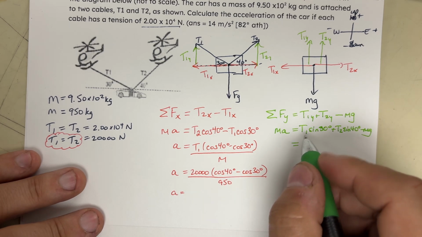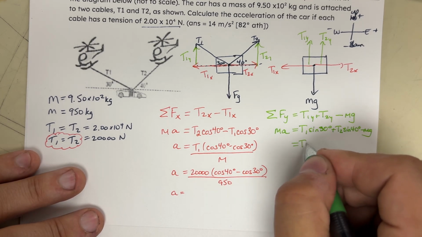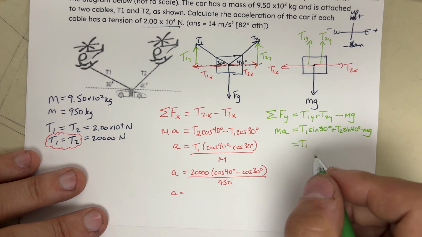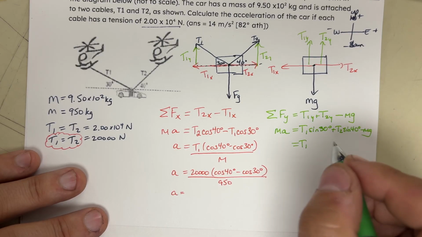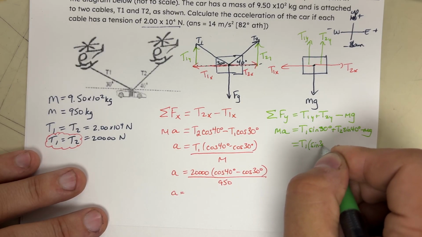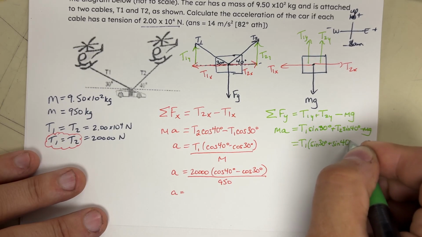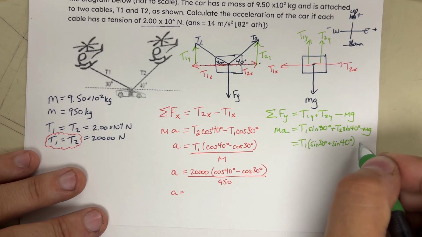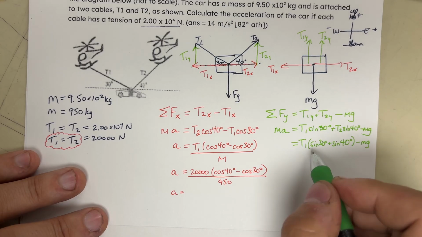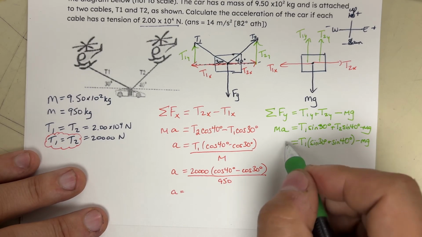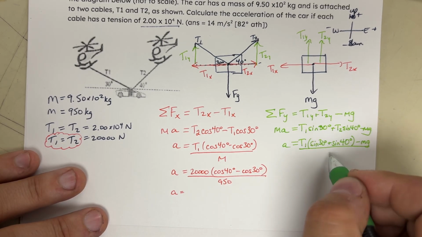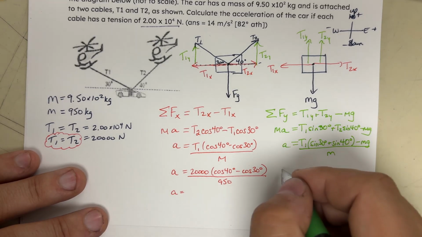Same thing as before, T1 and T2 are the same, so I'm just going to pull out T1. Then I can say sine of 30 plus sine of 40, and then subtract mg. And I'm going to divide that all by the mass of the car.